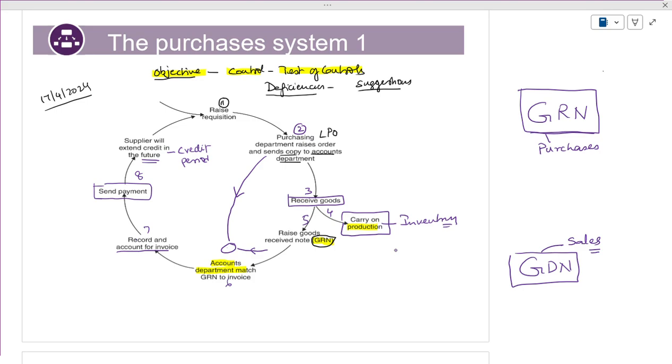Fine, we have received it. Now you will send to the accounts department stating that these goods we have received. You will sign and approve that yes, I have received these goods from the supplier. Then you will send the copy. Here we are sending the copy, here you are sending the goods.